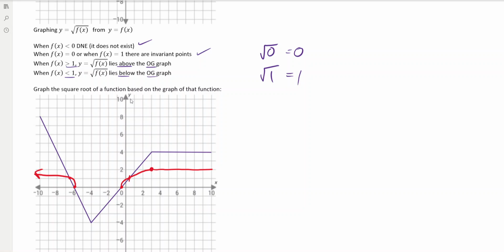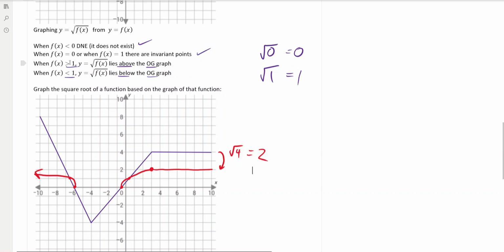Yeah, I think this shows it the best here. So you can see the two invariant points, and you can also see that the square root of 4 equals 2, and so that's why we have those different values.